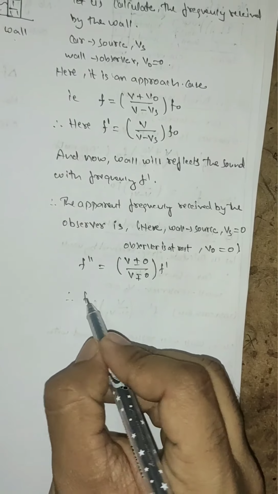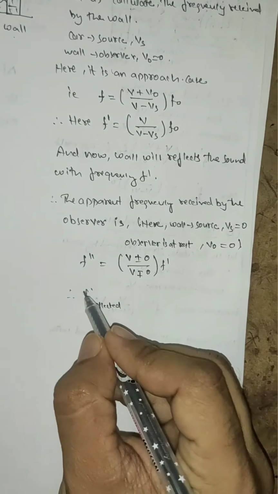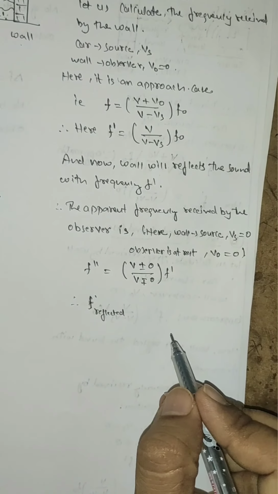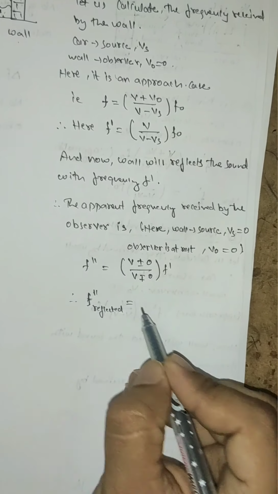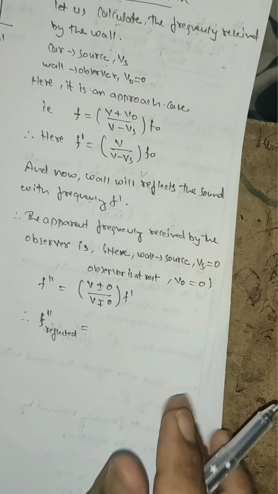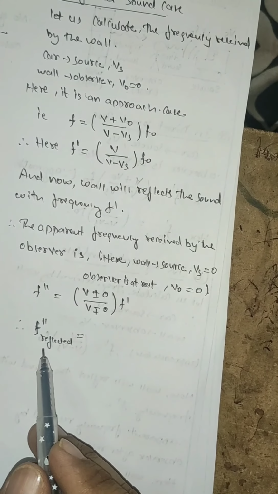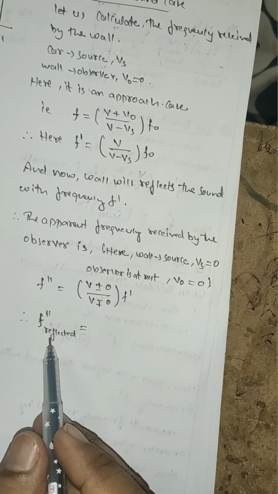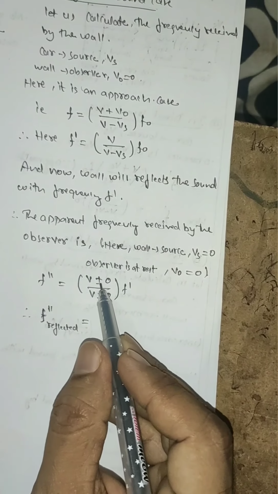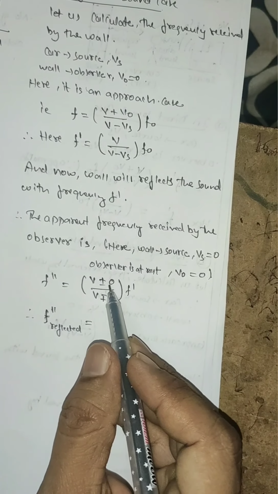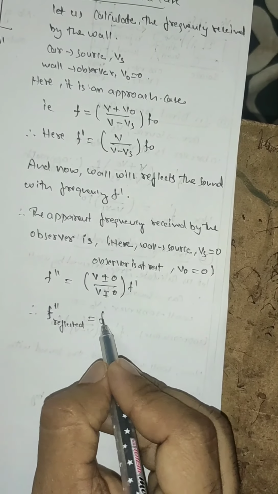So therefore in the reflected case, the apparent frequency received by the observer after reflection will be V plus or minus V naught, which means V plus or minus 0, by V. V and V will get cancelled, we will get here f prime.